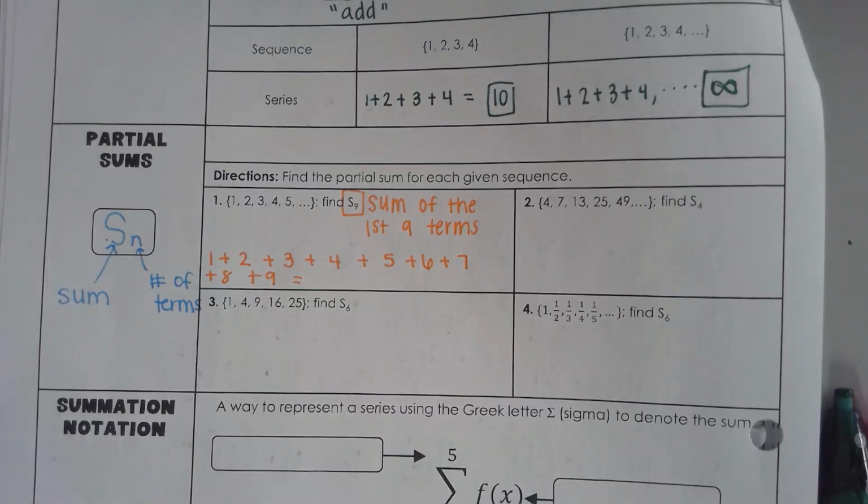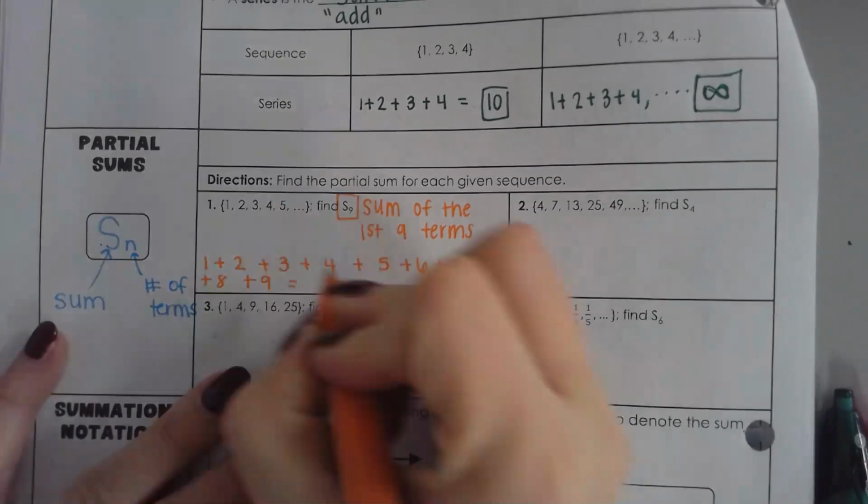Do that in your calculator. Someone tell me what you got. What? 105? 45. Can't hear.